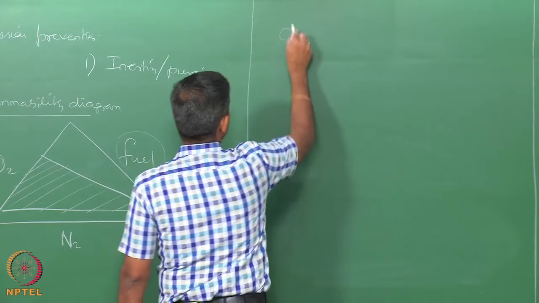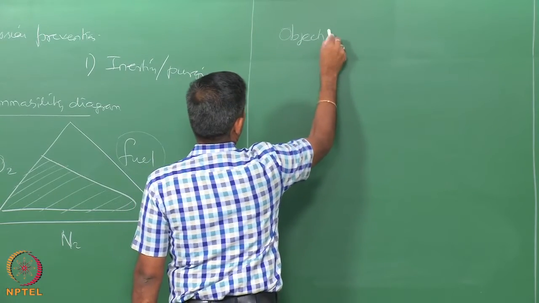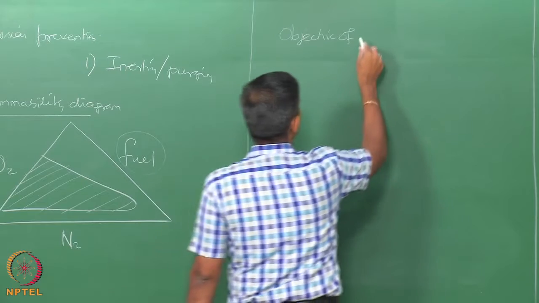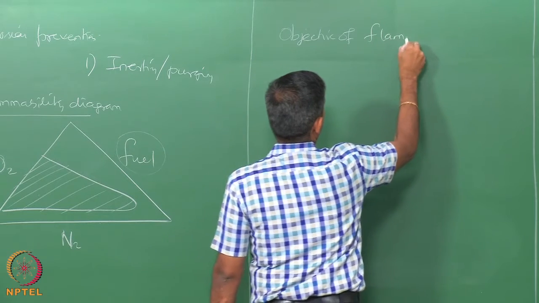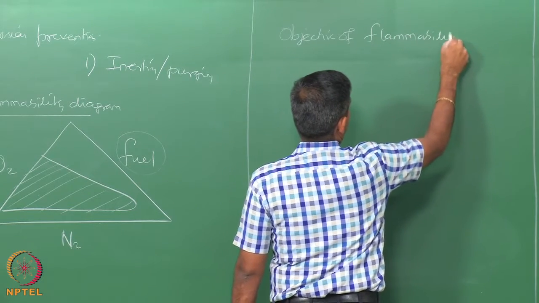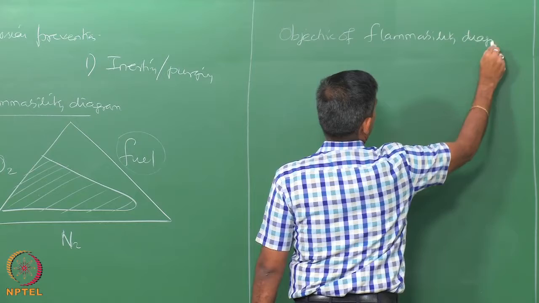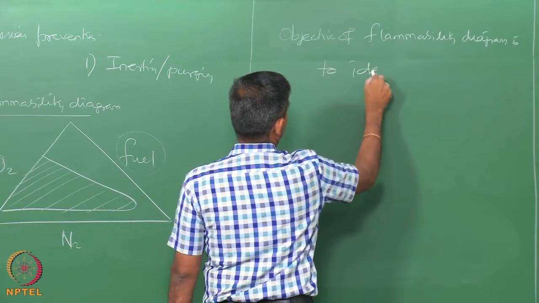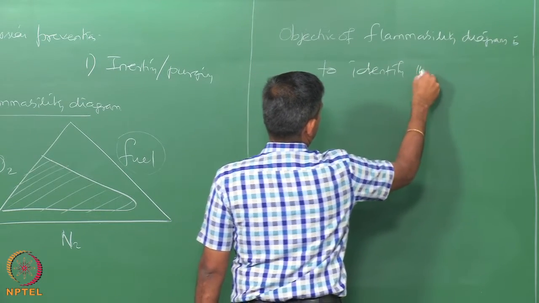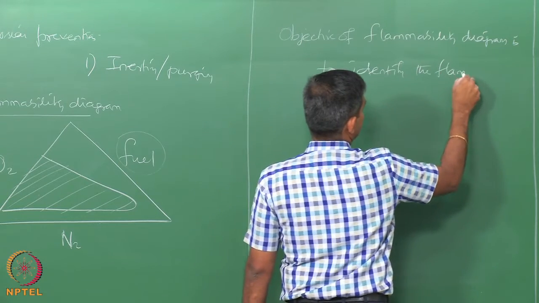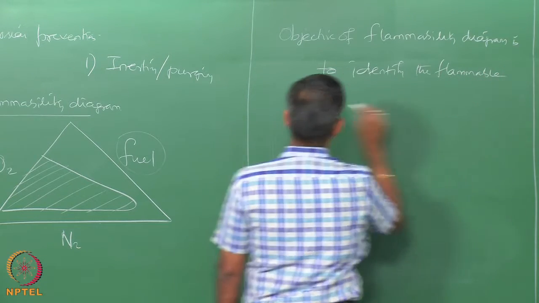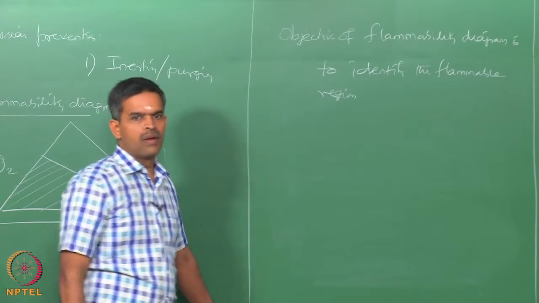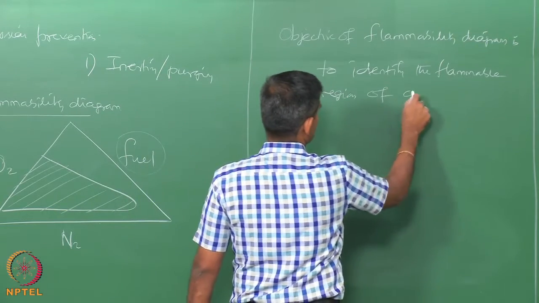So, the main objective of using the flammability diagram is to identify the flammable region of a given mixture of hydrocarbon.